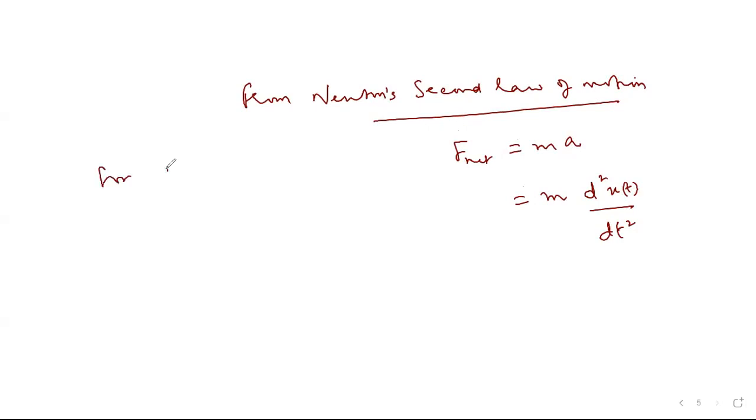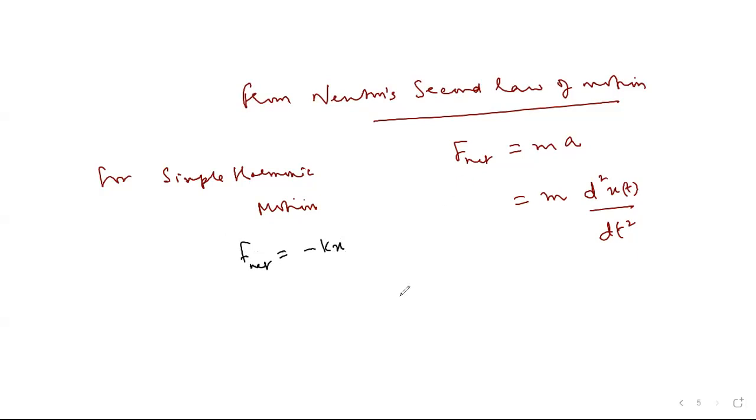Now for simple harmonic motion, there is only one kind of force acting on the oscillator, which is minus kx. So F net is minus kx. There is no other force.